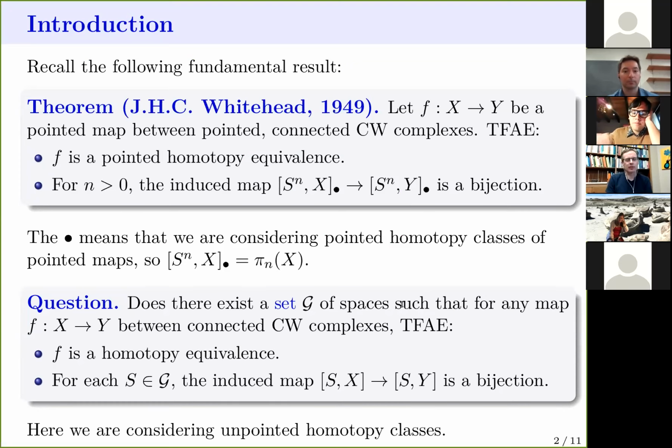So the question that arises is: is there some set of spaces, this script G, that has the property that when you're given a map between any connected CW complexes without base points, and the map has no other assumptions, you can determine when it's a homotopy equivalence by checking that you get a bijection when you map in from the spaces in your set, so for each S in this curly G. You might ask this question right in your first class in homotopy theory, because as soon as you've learned about homotopy in your first class in algebraic topology, you can wonder about this result.